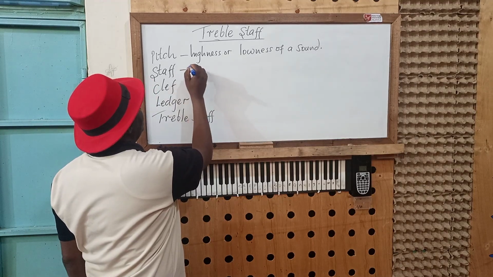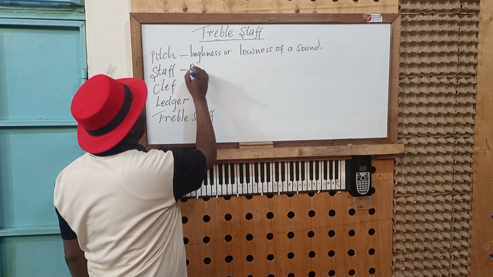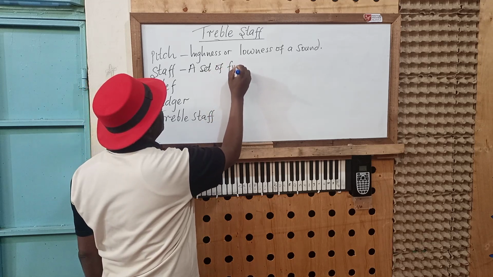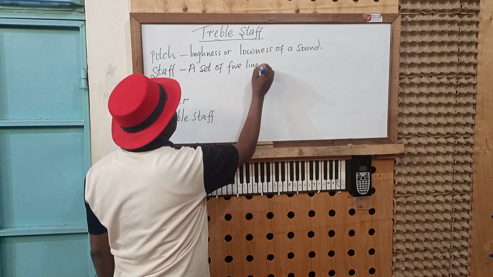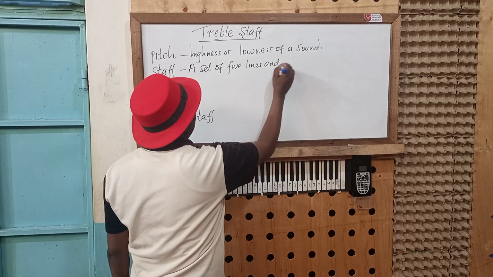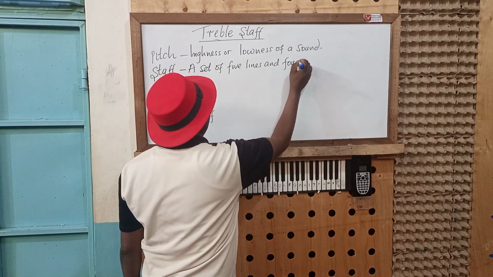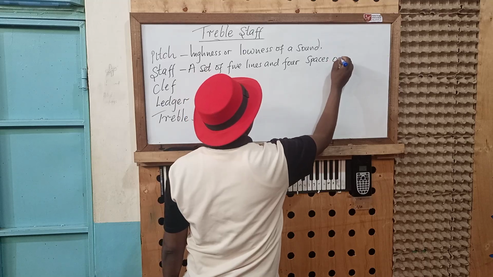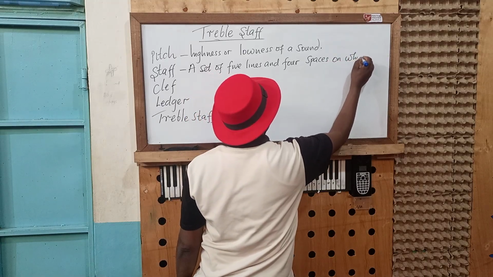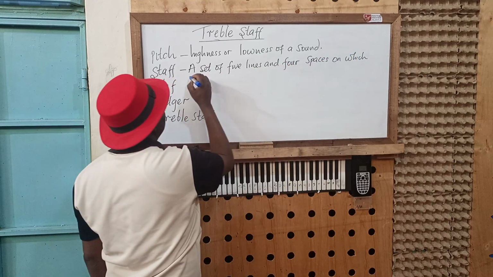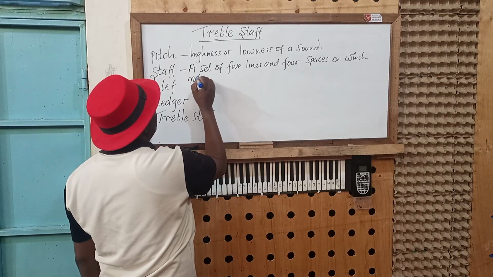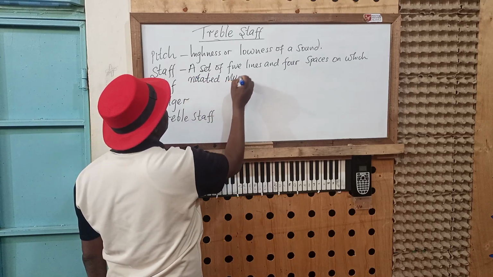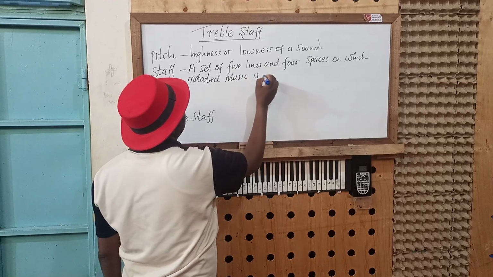Now, staff is a set of 5 lines and 4 spaces on which notated music is written.